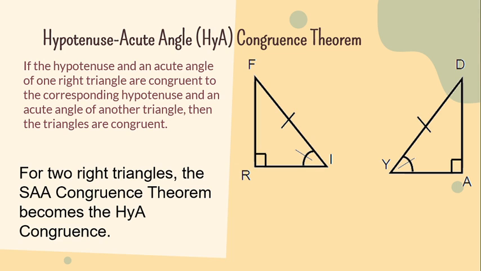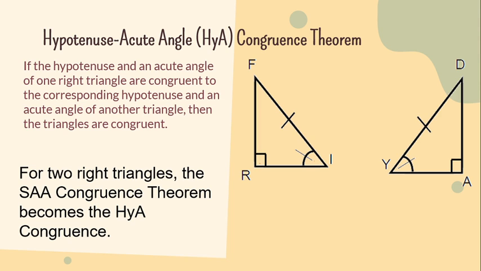So, ito naman, nanggaling siya sa SAA congruence theorem, kasi we have here angle, angle, and then side. So, dito naman, hypotenuse, ito yung pinakamahabang side. Then, acute angle, tapos saka pa lang yung right angle natin.